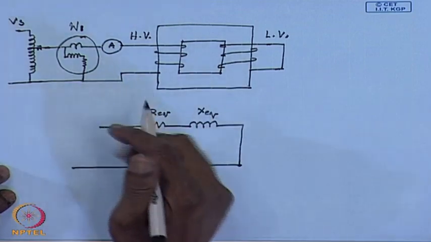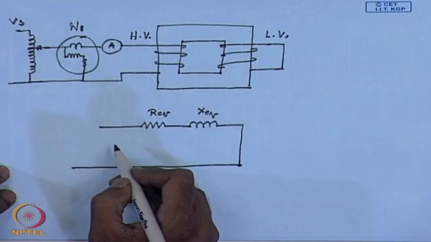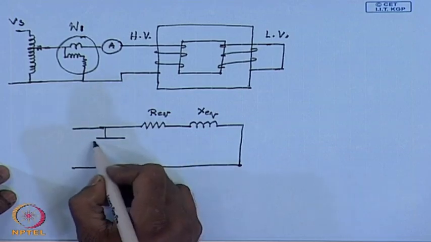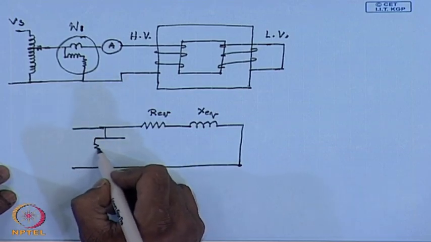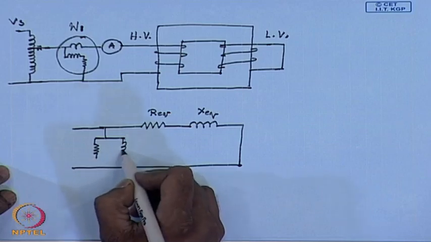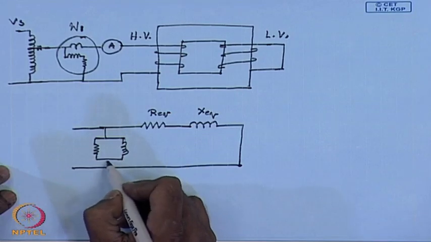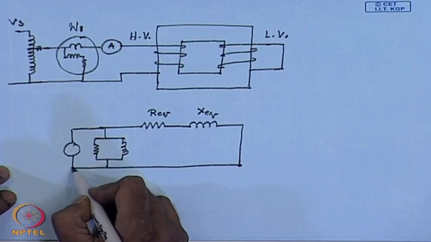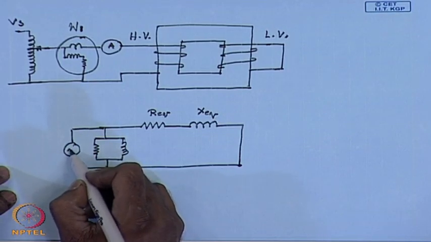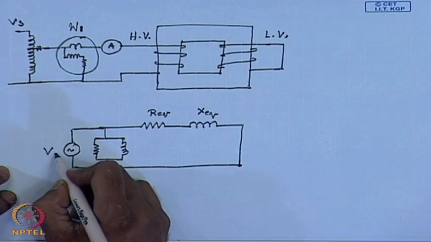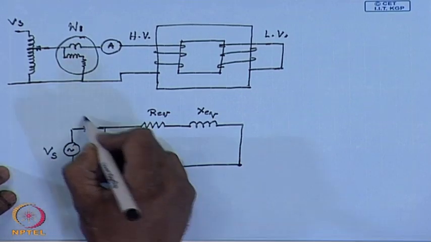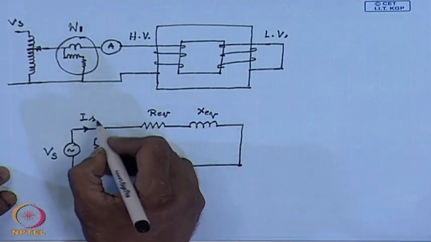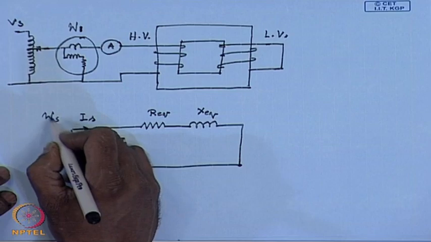Now, refer to the HV side because the supply is applied to the HV side, and this is the magnetization branch, again referred to the HV side. At this point, let us say this is the voltage applied V short circuit, I short circuit and the wattmeter reading is W short circuit.